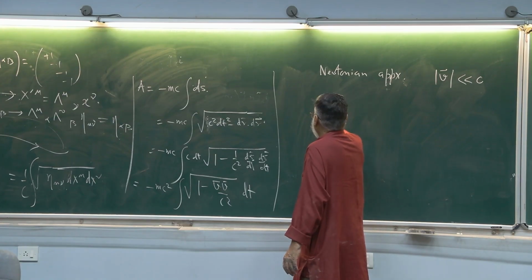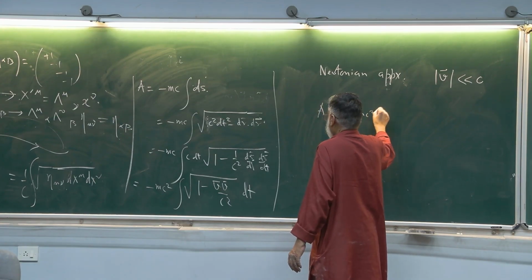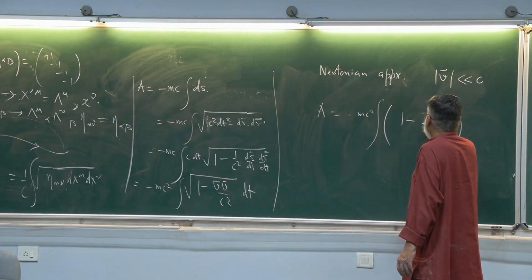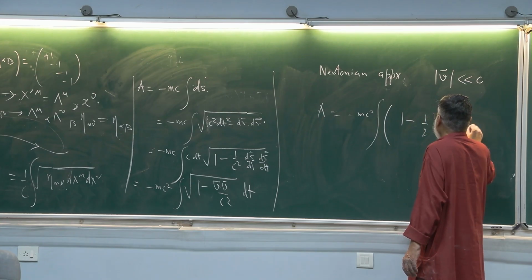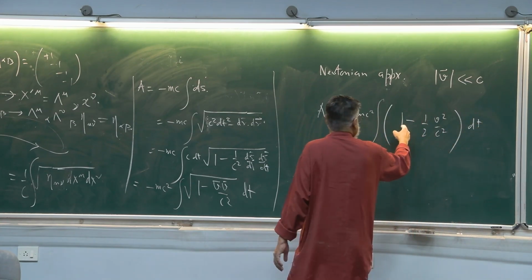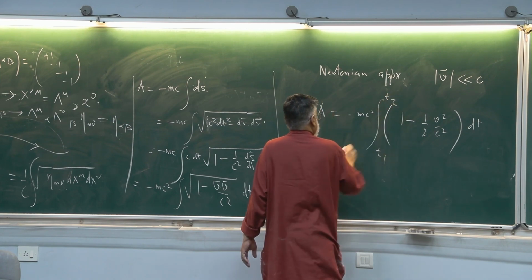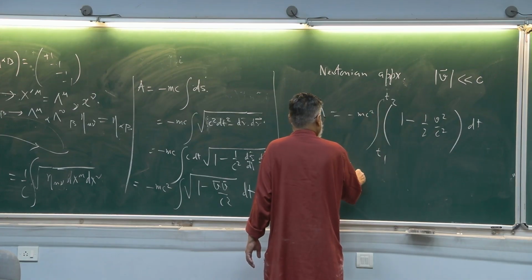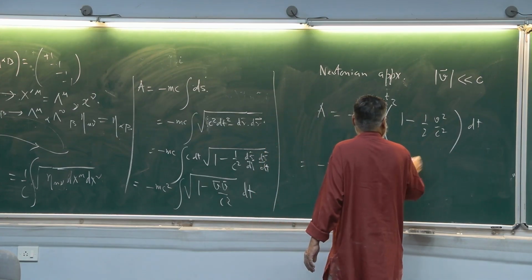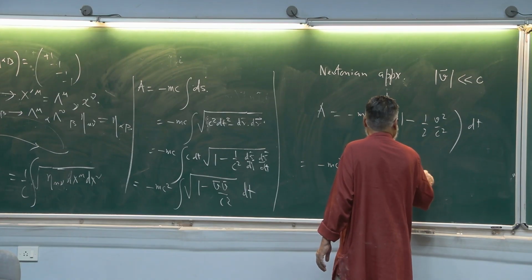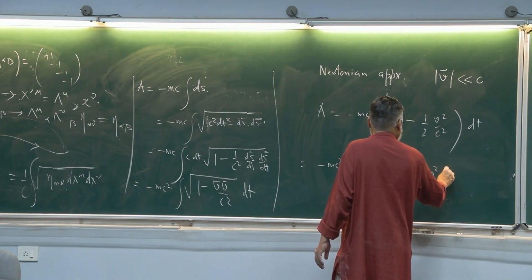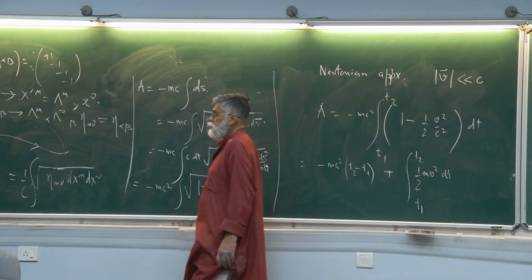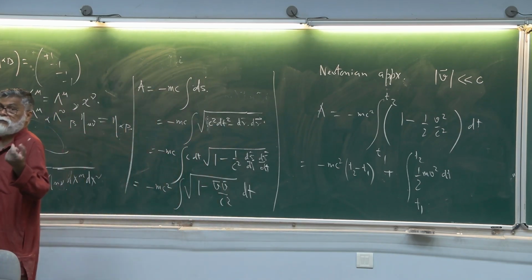And then my action is minus mc square integral of 1 minus half v square by c square dt, from t1 to t2. This is minus mc square times t2 minus t1, plus, as c square gets cancelled, you get half mv square dt from t1 to t2. This is your standard action for a Newtonian free particle.